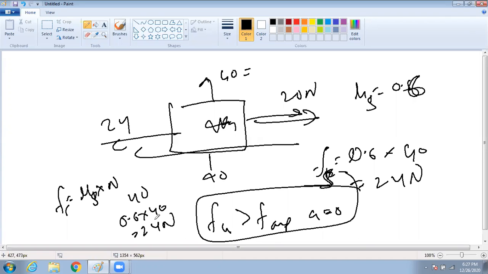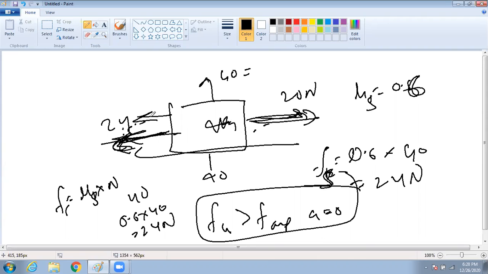One minute. You are saying this side 24, this side 20, so it is illogical. Limiting friction acts only when the applied force is 24. You might say, sir, 24 Newton this side, 20 Newton this side, so ideally the object should move this side, correct?